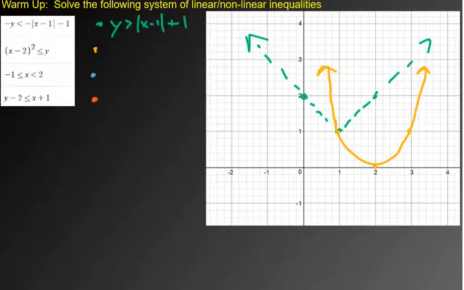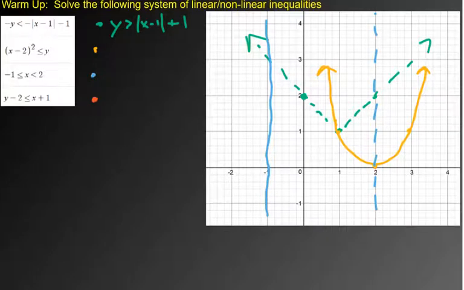And the next one, if it was just x less than 2, it's just a vertical line at 2, and then we'd shade to the left. But we have this other boundary, so basically we get two vertical lines. The one at negative 1 is solid, and then this one is dotted, and we're going to shade between them, but we'll wait to do that again.